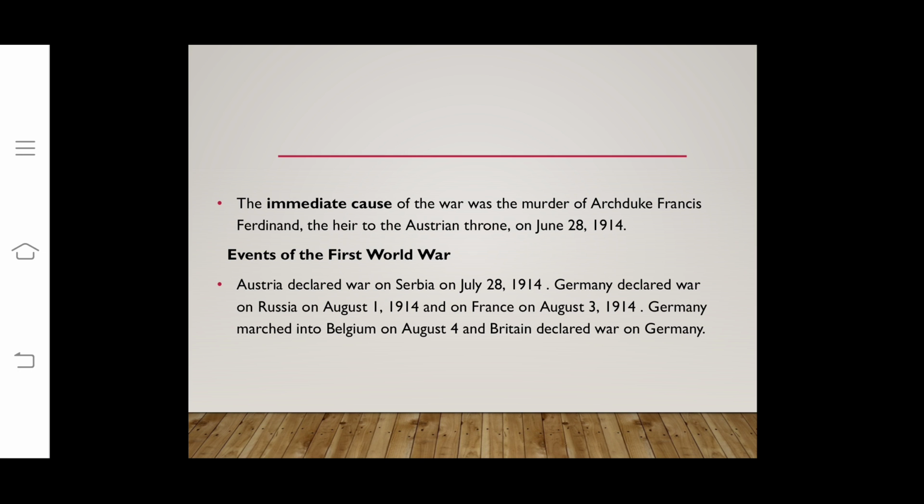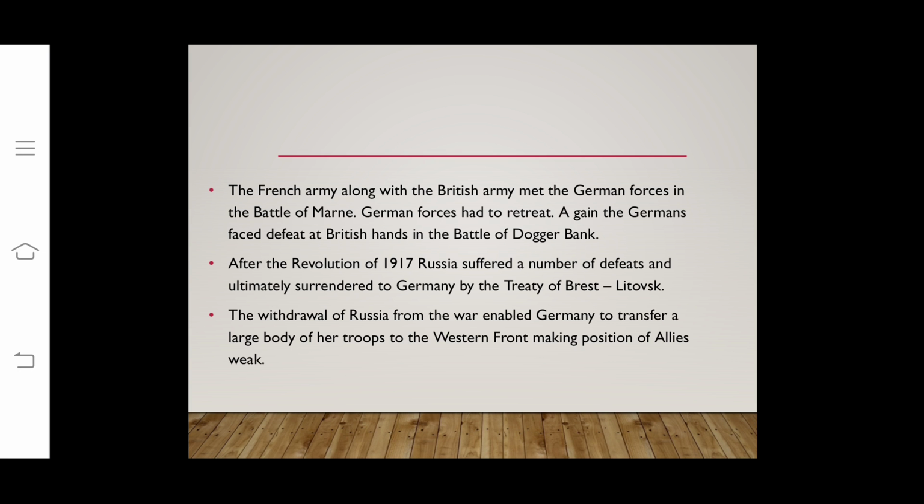So, on August 1, 1914, Germany declared war on Russia, and on August 3, on France. German troops marched into Belgium to press on to France on August 4, and on the same day, Britain declared war on Germany. Many other countries soon entered the war.